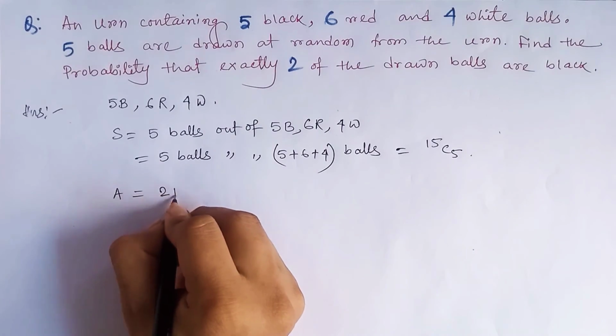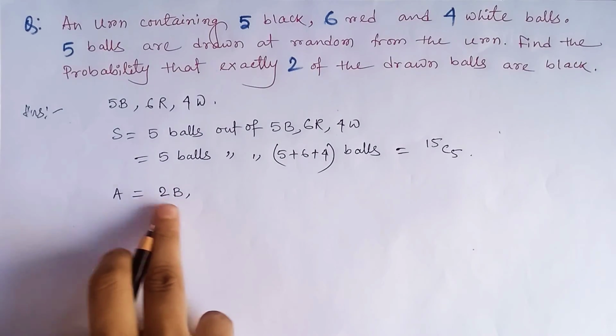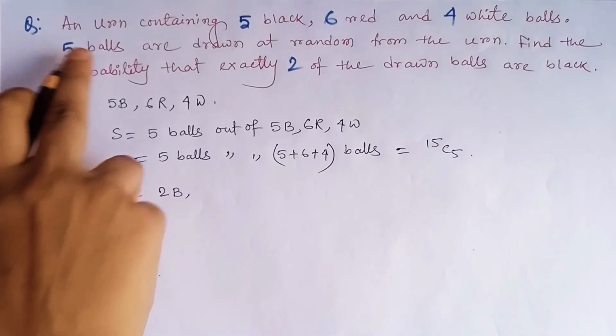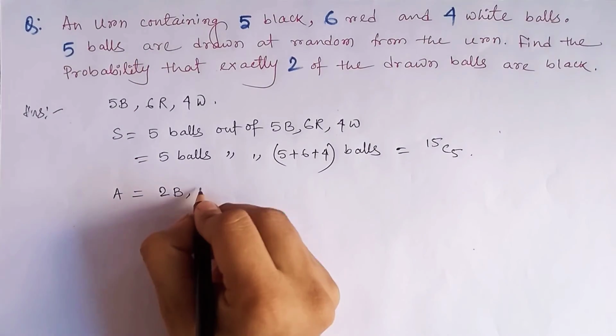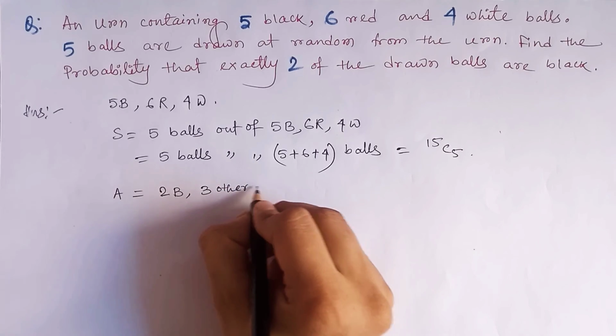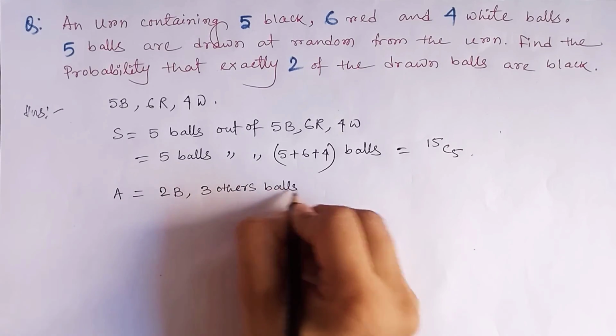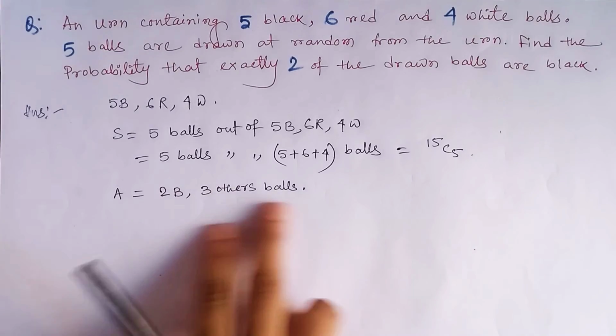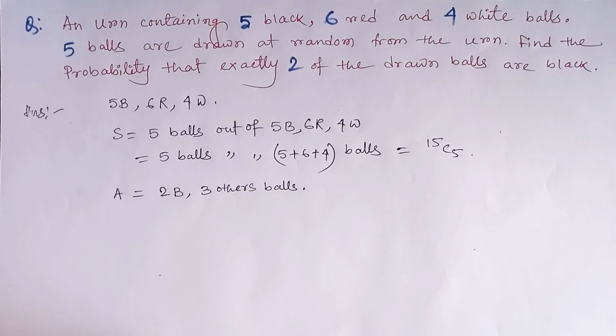Now A is equal to, find the probability that exactly 2 of the drawn balls are black. So 2 black balls. If 2 balls are black, then out of 5 balls, 3 are other balls.